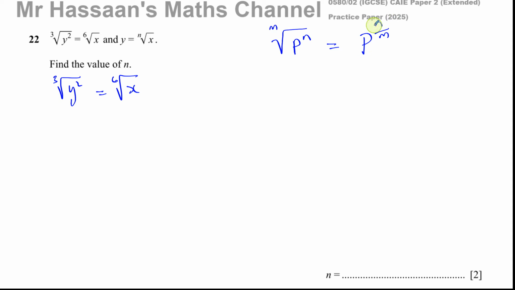Okay, so this will always give you a fractional index, and the power will always be the numerator of the fraction and the root will always be the denominator. That's very important for us to understand.